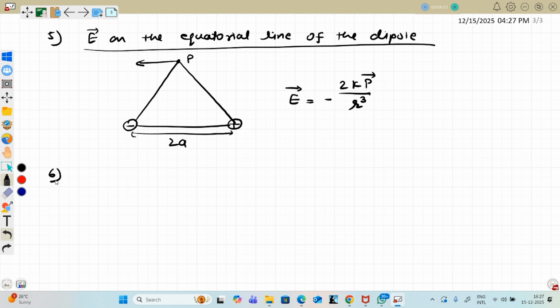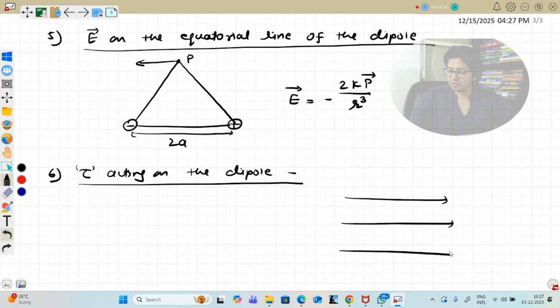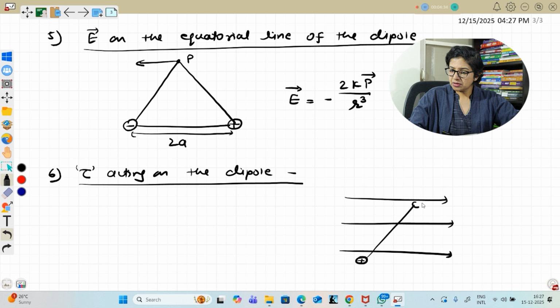Next, when you place an electric dipole in an external electric field, there is a torque acting on the dipole. Suppose this is the direction of the electric field. The angle between the electric field and P is theta.